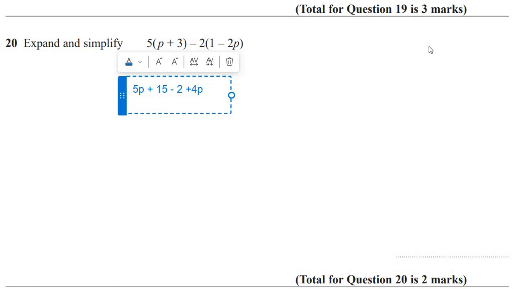All right, and then you bring the like terms together, so 5p and 4p are like terms, and then 15 and 2 are the other two like terms, so this will be 9p plus 15 take away 2 is 13. So that's the answer.